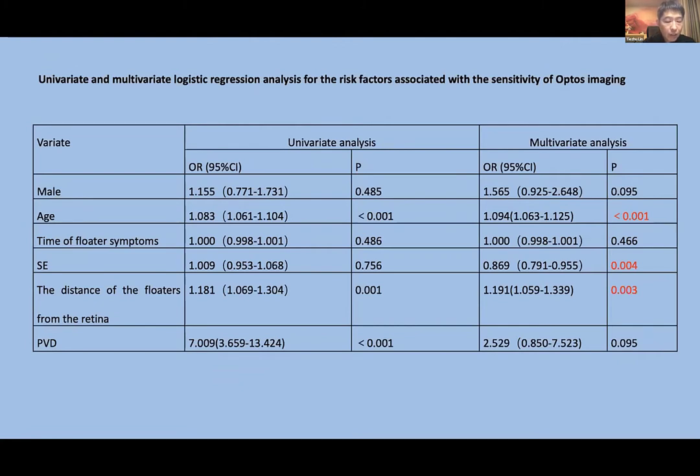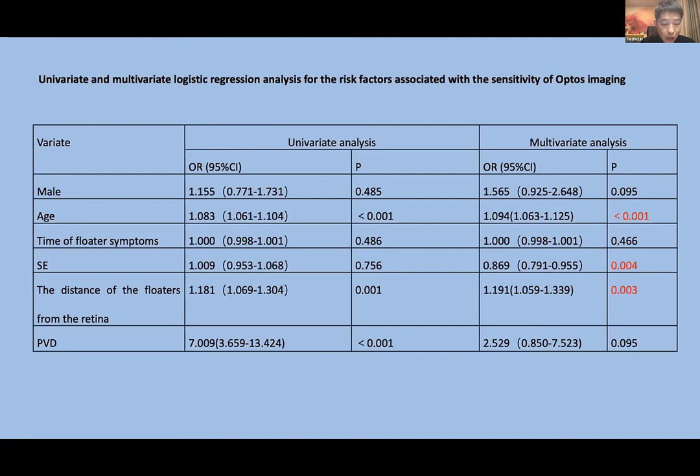In the univariate analysis, age, the distance of floaters from the retina, and PVD-type floaters were significantly positively correlated with the visibility of vitreous floaters on Optos images. In the multivariate analysis, age and the distance of floaters from the retina were positively correlated with the visibility of vitreous floaters on Optos images.